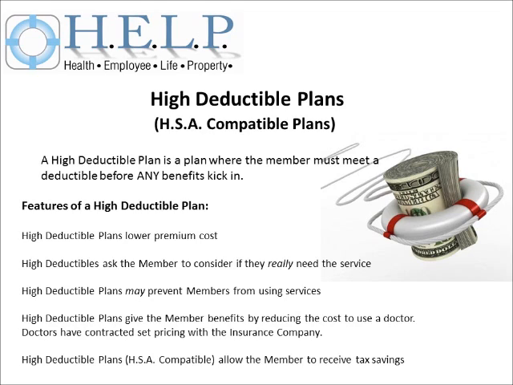The first plan type we will talk about is the high deductible plan, normally also called HSA compatible plans. A high deductible plan is where the member must meet a deductible before any benefits kick in. Common deductibles are $1,500, $2,000, and $2,500.